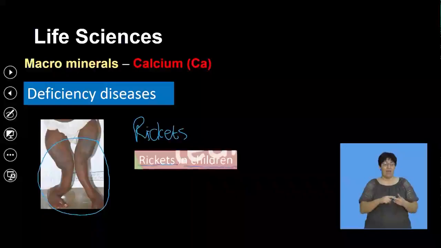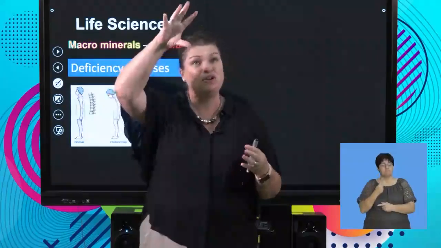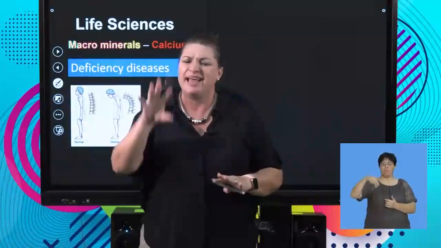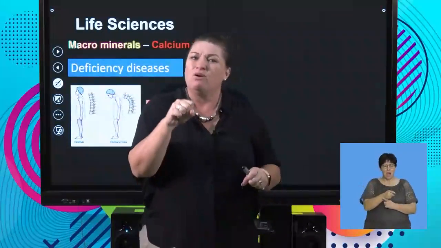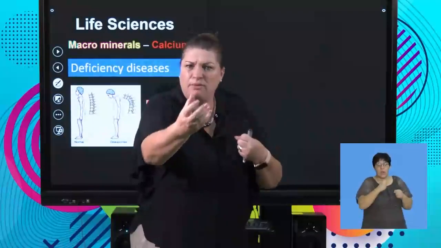In adults, I don't know if you've seen that usually in elderly women, you'll see the hunchback over there. What happens when you're older is that ladies go through a whole thing called menopause, but I'm not going to go into that. And basically, when we get older, all of a sudden, our body craves calcium, and it takes it from our bones.